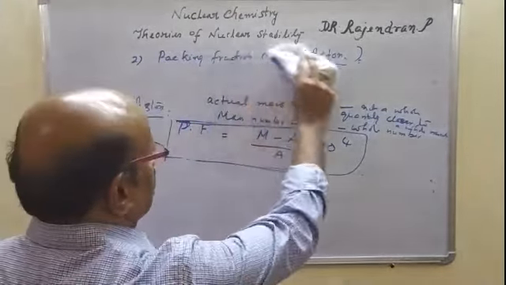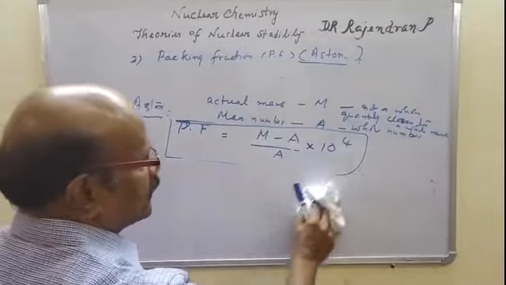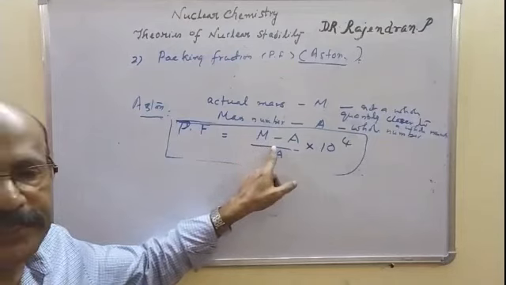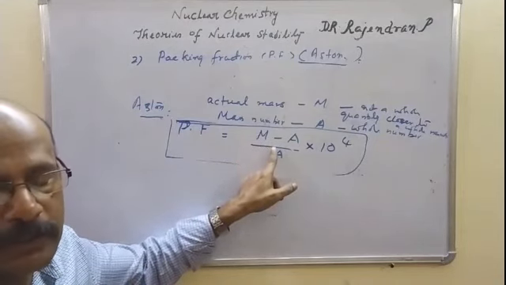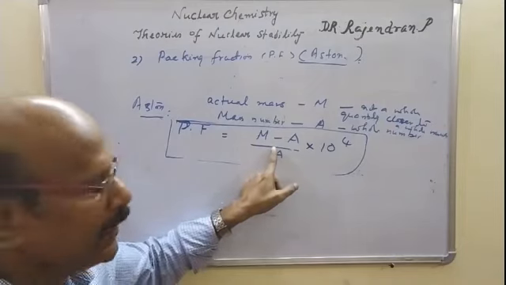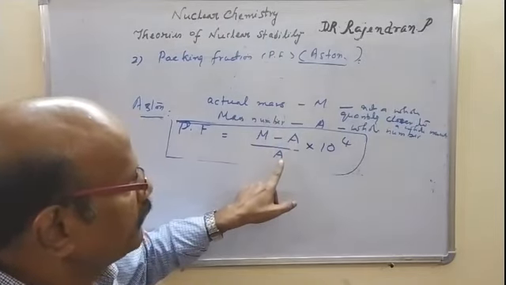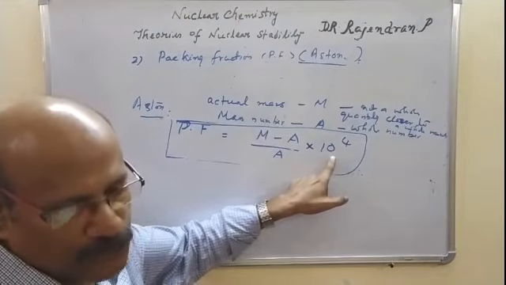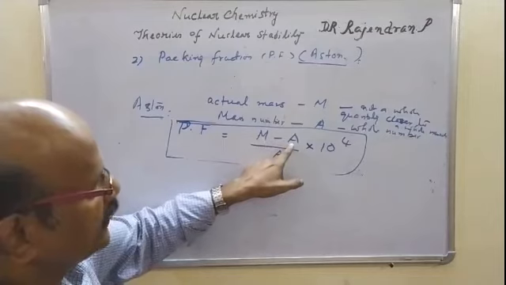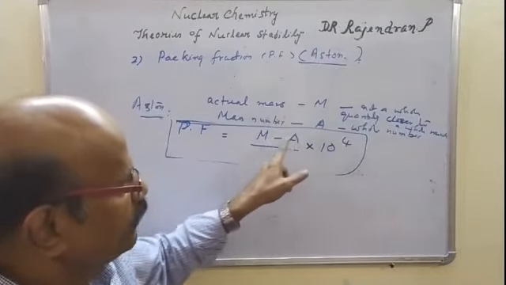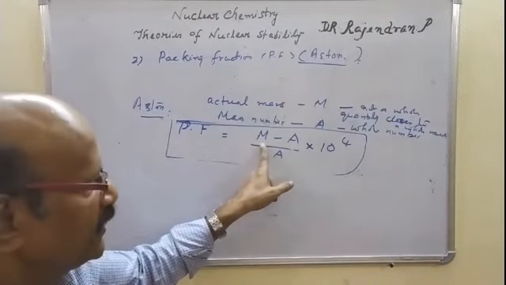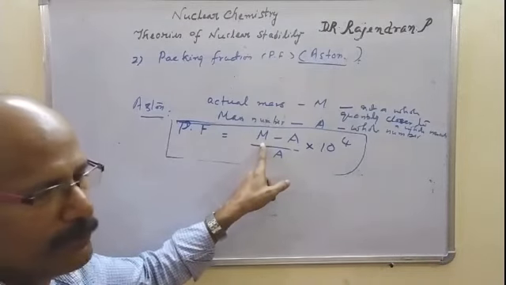What is packing fraction? The term packing fraction introduced by Aston is defined as the difference between the actual isotopic mass and the mass number, divided by the mass number, multiplied by 10 raised to 4. That is equal to (M minus A) divided by A into 10 raised to 4, where M is the actual isotopic mass of the atomic nucleus, which is closer to a whole number but not a whole number.